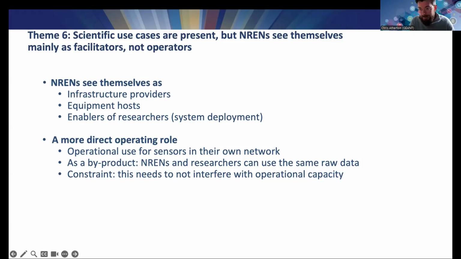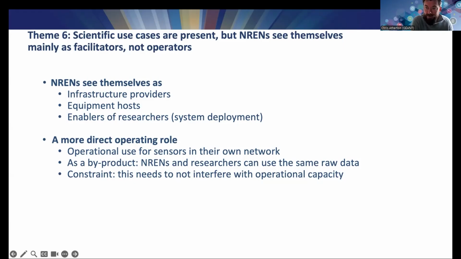Here, this kind of goes towards the greening approach, where you can reuse existing investment in infrastructure, because it has been proven that you can have fibre sensing interrogators coexist with operational DWDM traffic. So it's still a concern, I think, for some NRENs about what that impact is going to be on the operational network.